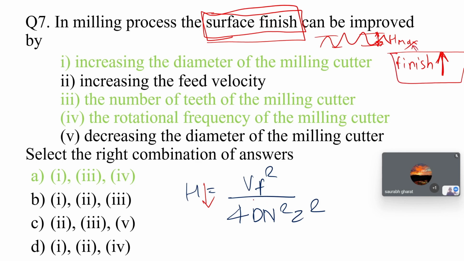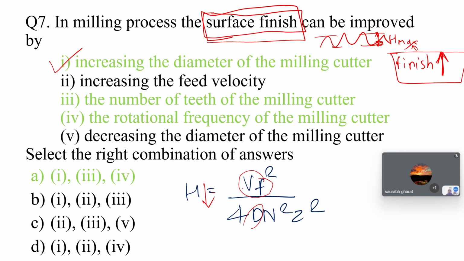So how can you get this? Check here. Increasing the diameter of the milling cutter: yes, it is correct, because we are going to reduce H max. As it is in the denominator, if you increase that part, H max will be reduced, and then surface finish will improve. Increasing the feed velocity will increase your H max, which will be problematic.